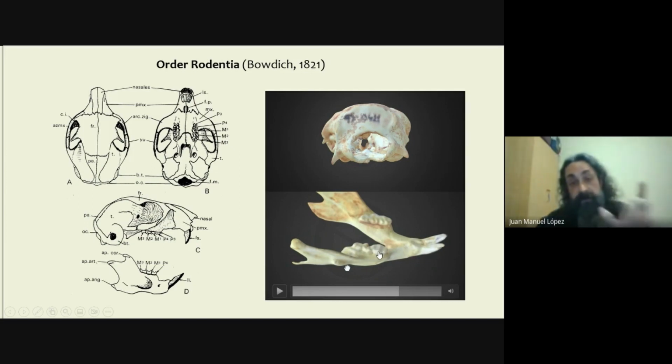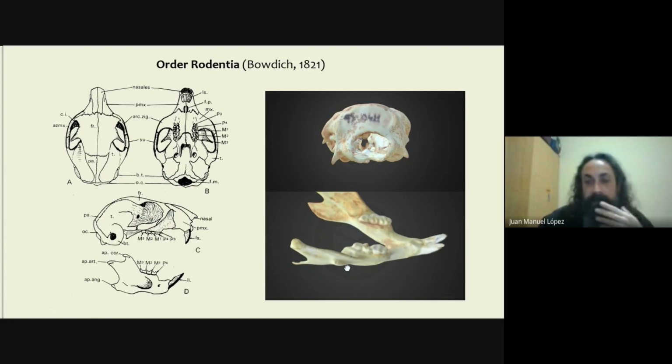The smaller species have three molars. Other bigger species have one premolar, maybe P3, and others also have P3, P4. But normally the smallest species that you can find, like a mouse, a mole, no, sorry, a vole, don't have any premolar or canine. They have only incisors, and then three molars.